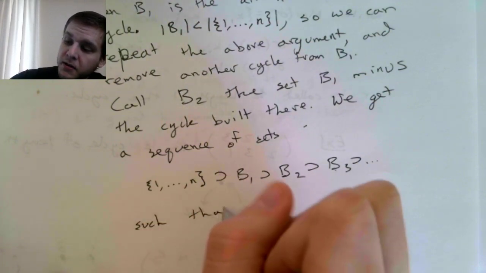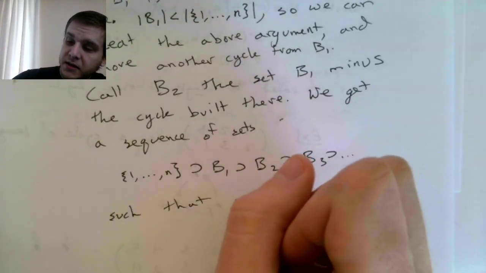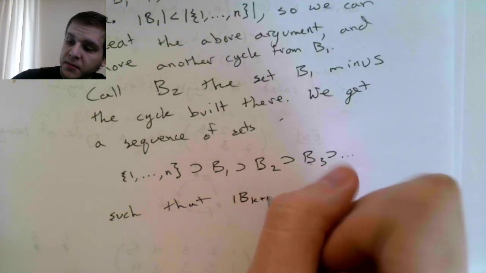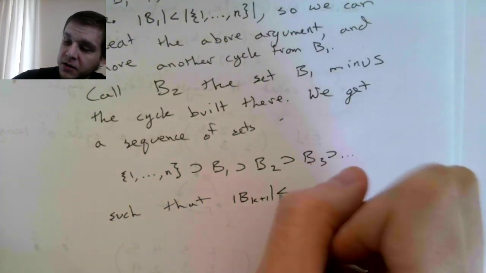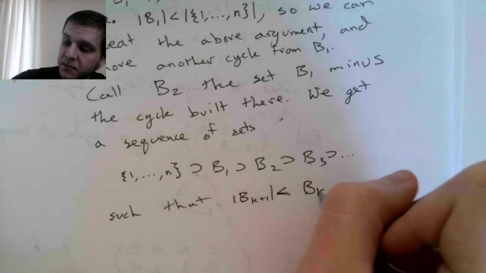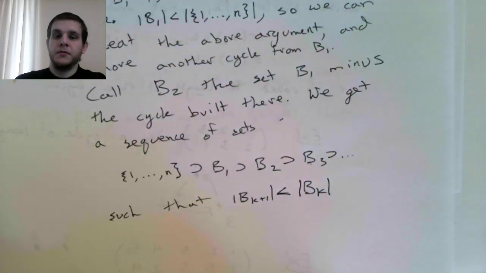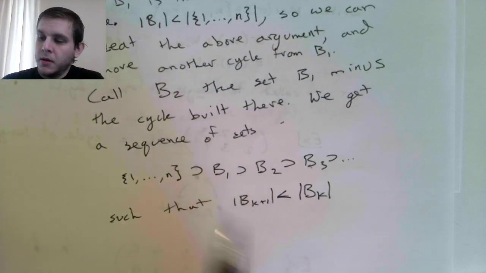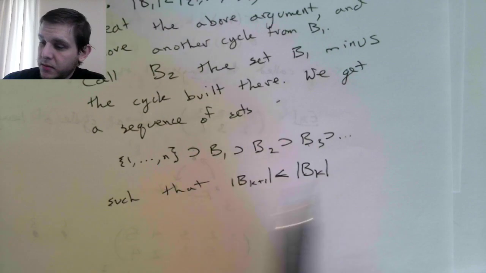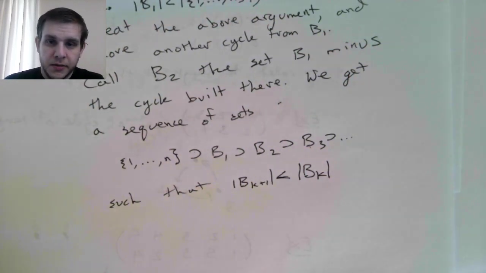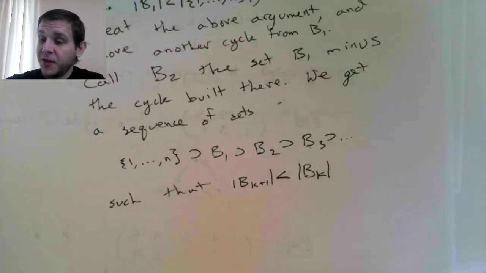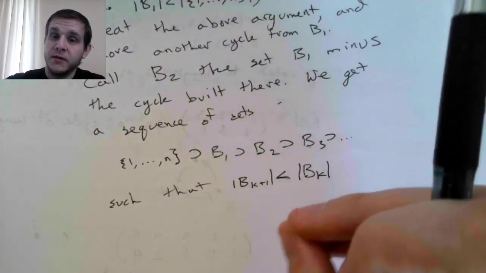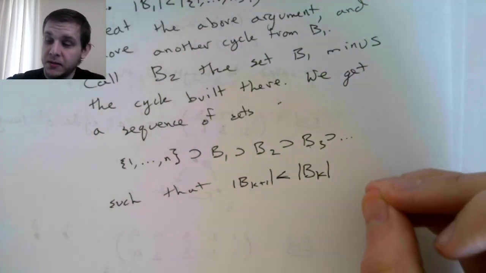And the key observation here is that each time I remove a cycle, I strictly reduce the cardinality of my set. So this means that eventually the set becomes empty. And once it becomes empty, I've built a partition, right? Because everything belongs to exactly one cycle that I remove at some point.